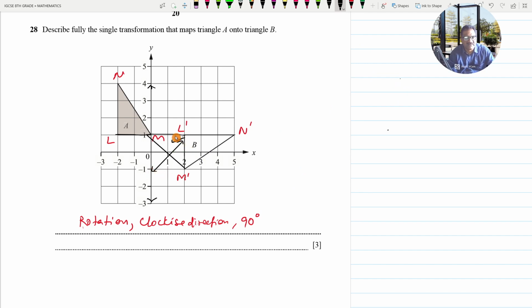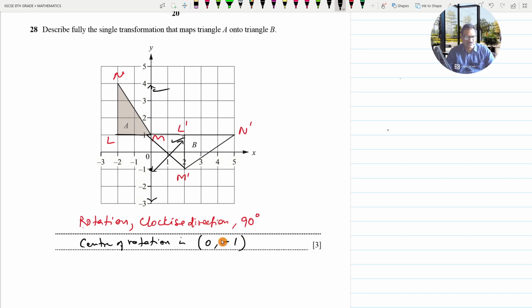Now these two perpendicular bisectors are meeting at this point, which indicates the center of rotation. So your center of rotation is 0, minus 1. So this is your final answer.